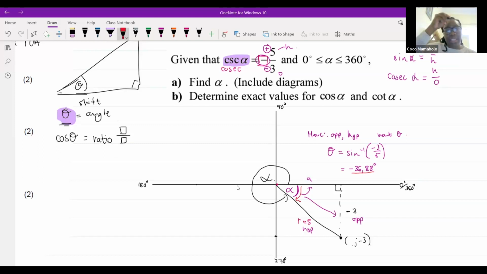We would take -36,88 and add 360, so this starts here and goes all the way around to give us the answer we're looking for. So we take the answer plus 360, and that will give us the big angle, this reflex angle alpha.